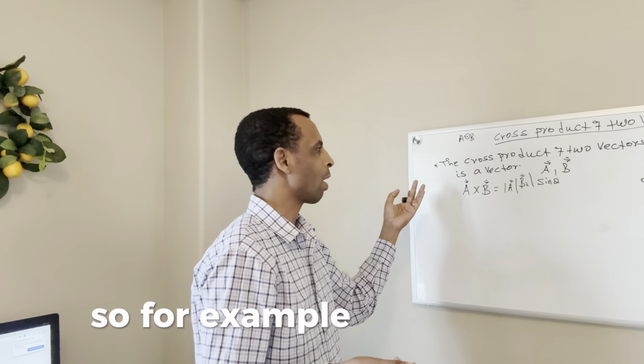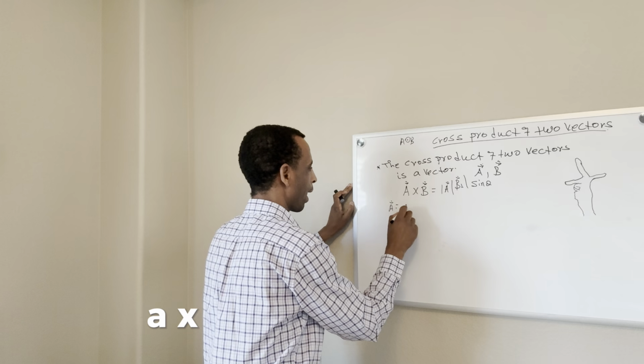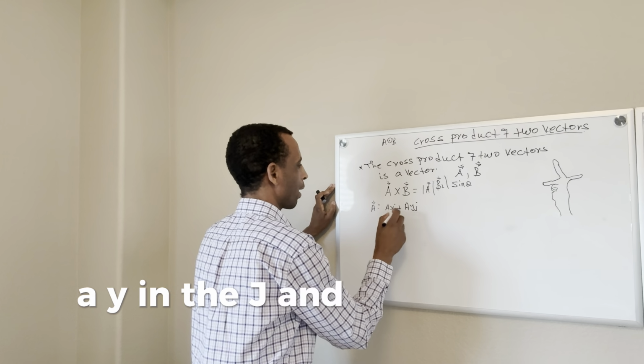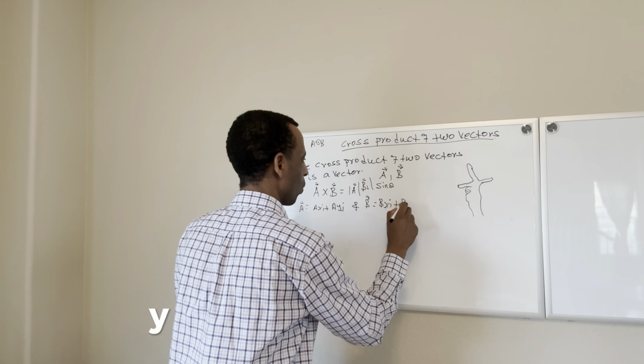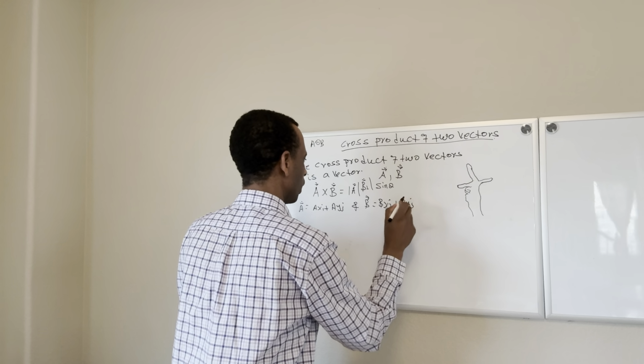For example, if you are given vector A equals Ax i plus Ay j, and vector B equals Bx i plus By j, we can find the cross product and its direction.